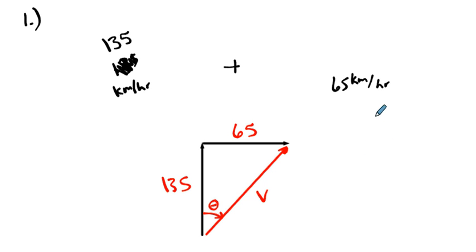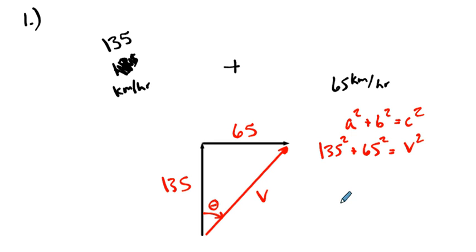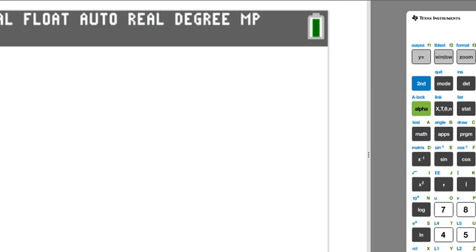If you know two sides of the triangle, you can find the third with the Pythagorean theorem. a squared plus b squared equals c squared. So in this case, 135 squared plus 65 squared is equal to v squared. Break out the calculator.